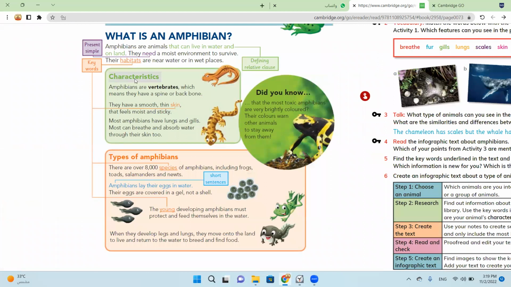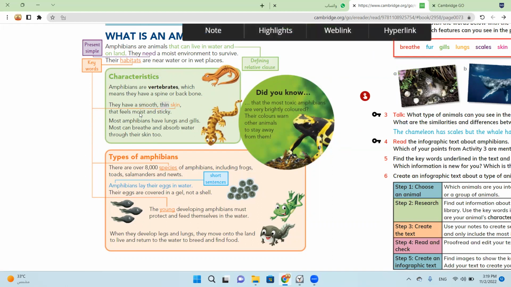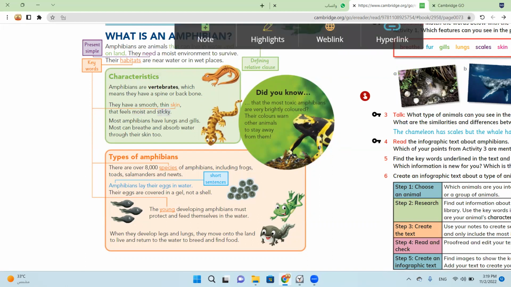All right, now let's move to the characteristics of these amphibians. Amphibians are vertebrates, which means they have a spine or a backbone, or in Arabic we say faqariyat. And these types of animals have smooth, thin skin that feels moist and sticky.